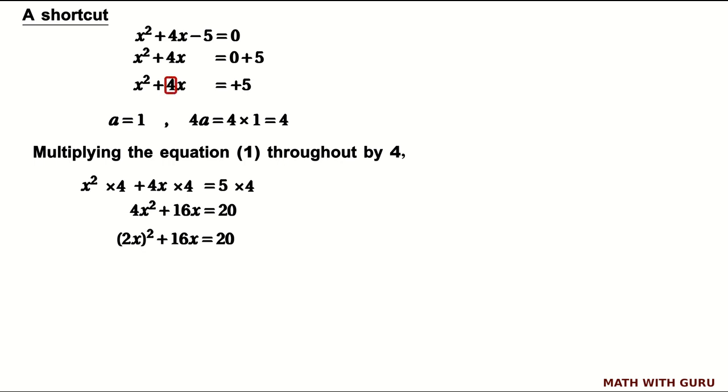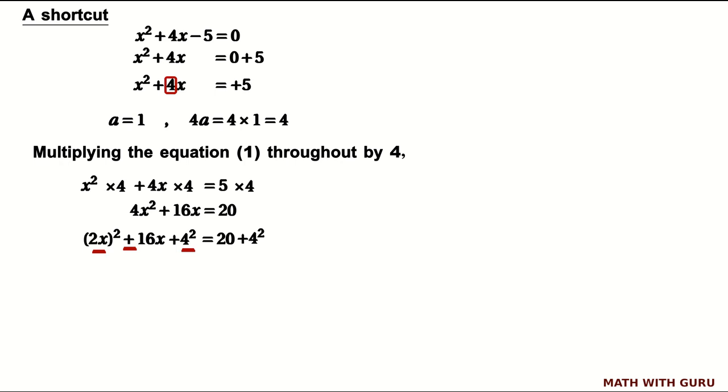Now consider this, the coefficient of x. Even if it was x squared minus 4x, we consider only 4, plus 4. Now add 4 squared to both the sides. Consider 2x and 4, and then we have positive sign here.